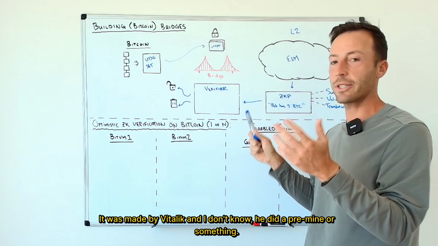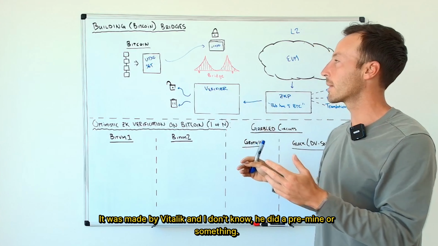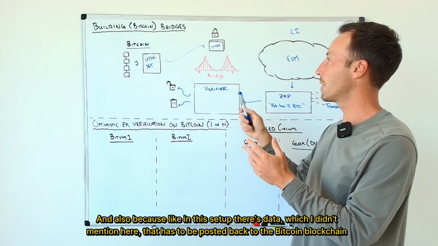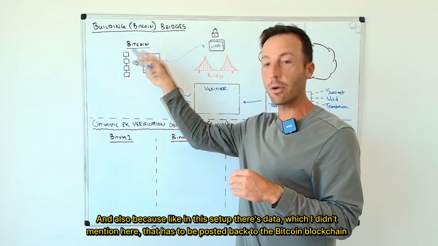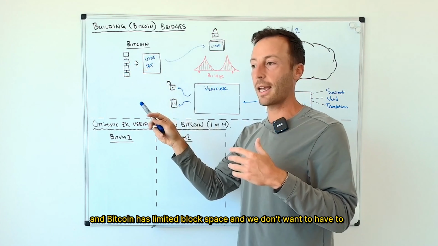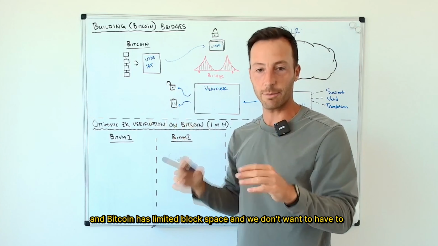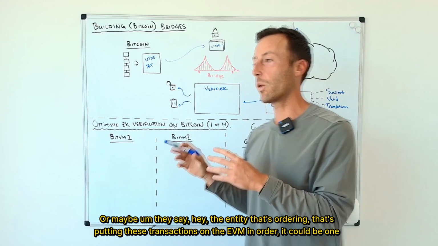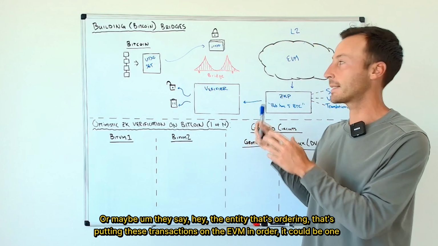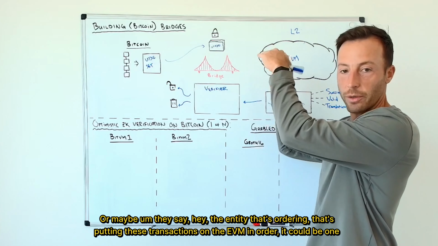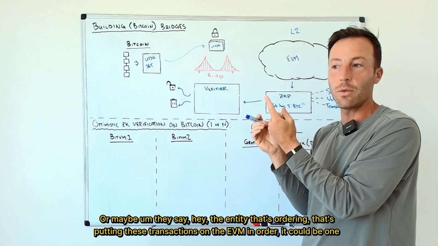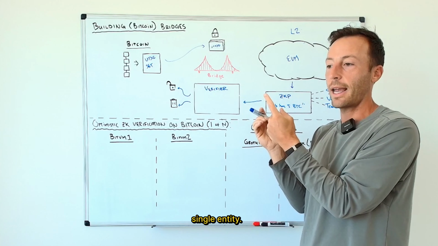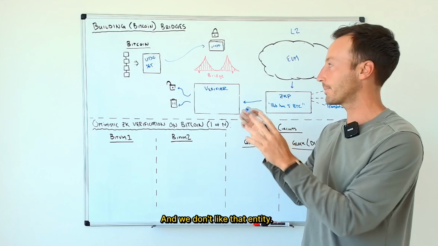It was made by Vitalik, and I don't know, he did a pre-mine or something. And also because in this setup, there's data, which I didn't mention here, that has to be posted back to the Bitcoin blockchain, and Bitcoin has limited block space, and we don't want to have to post data to the Bitcoin blockchain. Or maybe they say, hey, the entity that's putting these transactions on the EVM in order could be one single entity, and we don't like that entity.